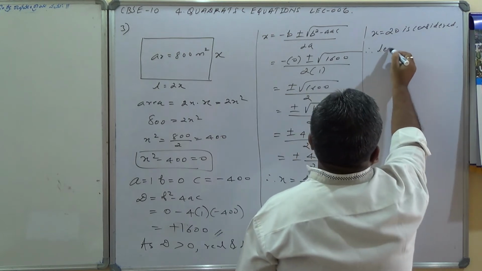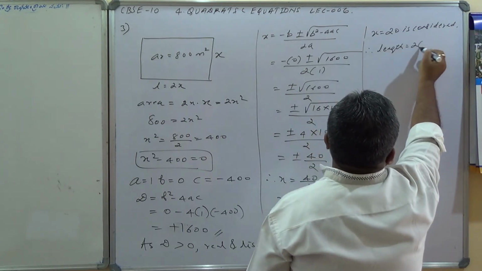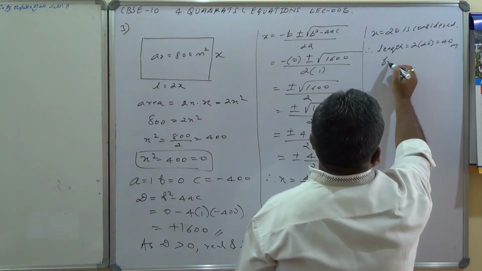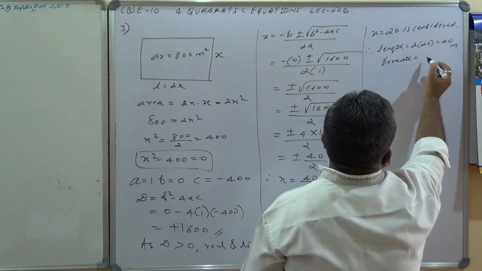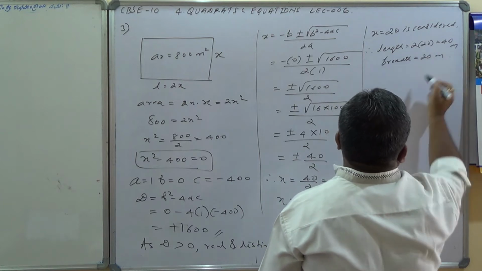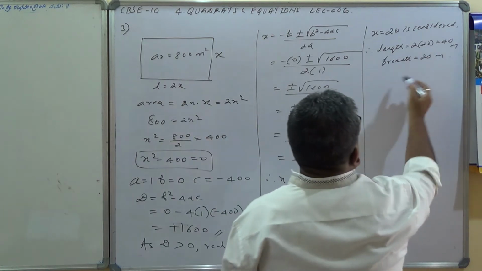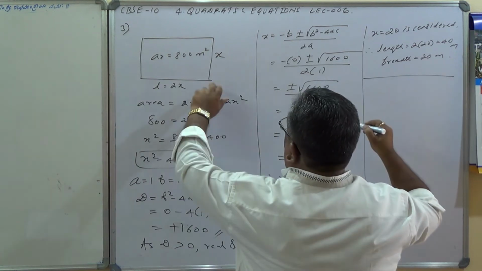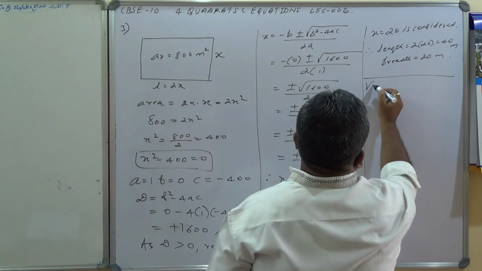Hence, length equals 2 into 20, which is 40 meter, and breadth equals 20 meter. Correct? Breadth equals 20. So, how do you validate this one? How do you verify it?